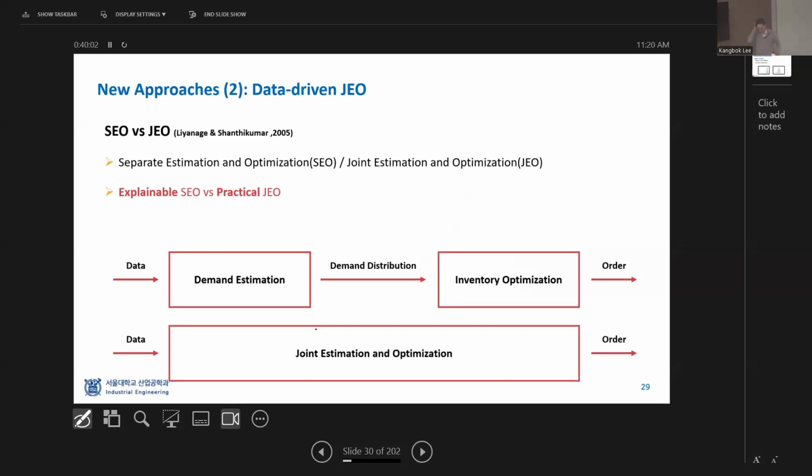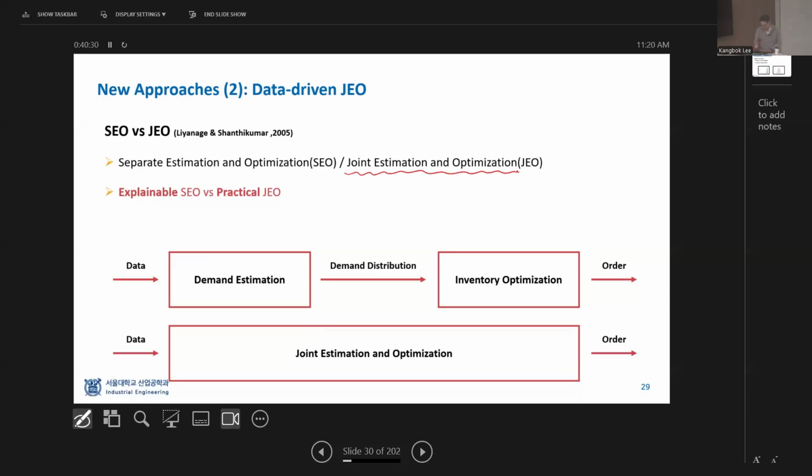So now let's talk about the second approach, which does not involve any analytical optimization procedure inside of it. Also, we are bypassing the concept of the distribution function. So let's go for this kind of approach, which is called joint estimation and optimization.